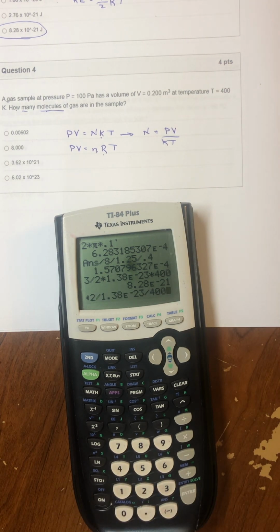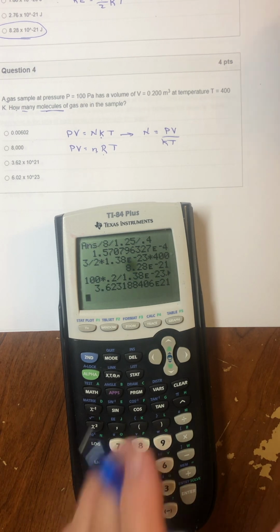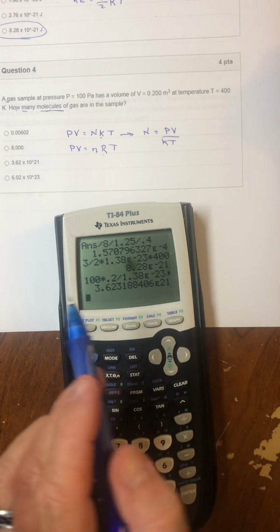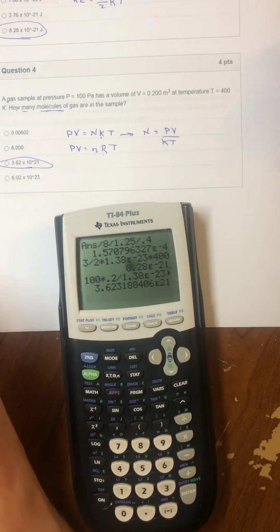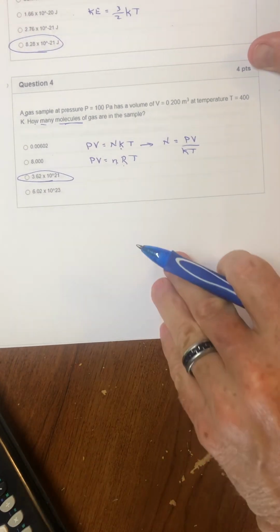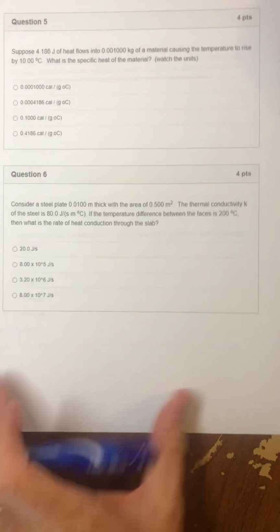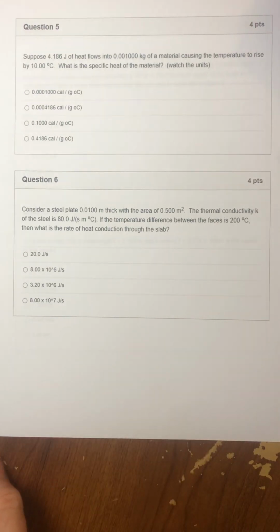Now, and we come up with 3.6 times 10 to the 21. So it looks like 4 should be C there. Okay, good. All right, let's go on to number 5.